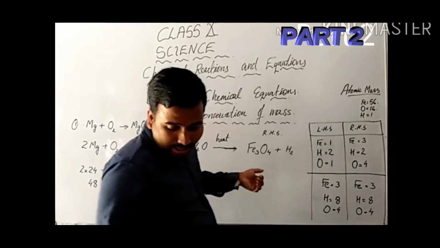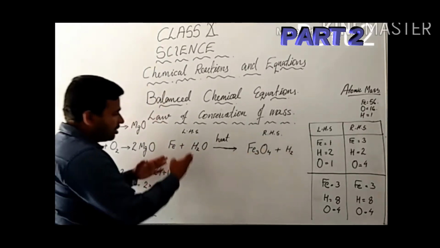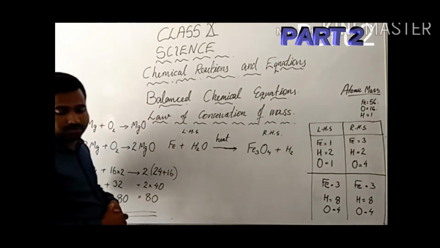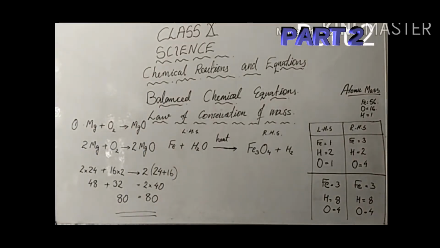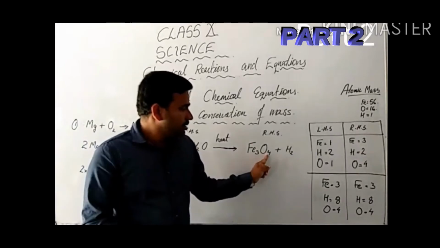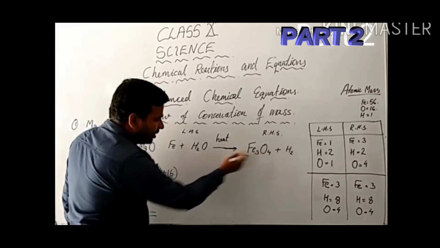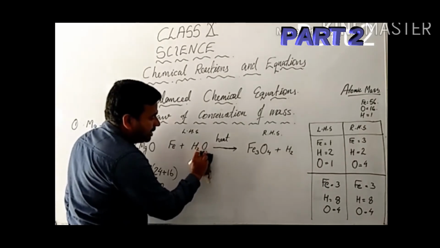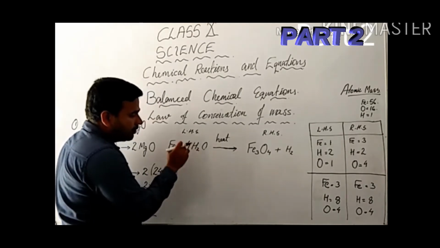Here oxygen has 4 atoms, but on the left hand side there is only a single atom. So what do we have to do? To make the left hand side 4, we cannot write 4 directly. Instead, as I told you in the previous class, we need to add that value of 4 over here.